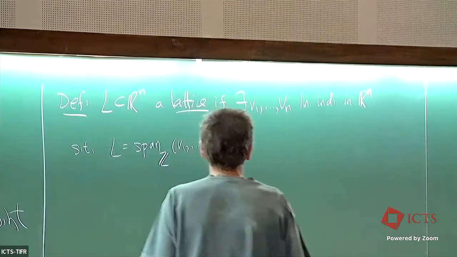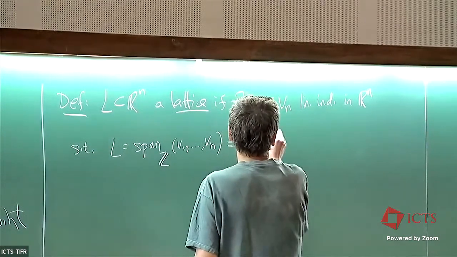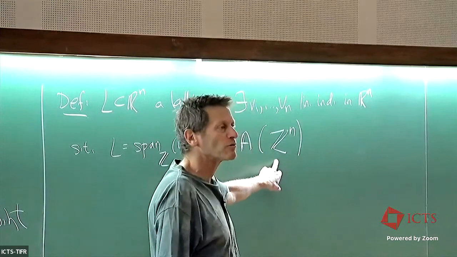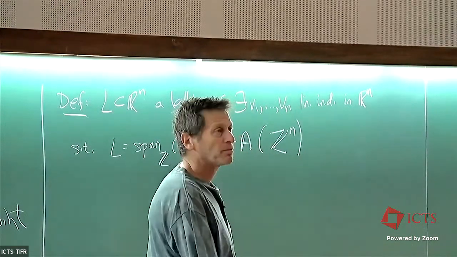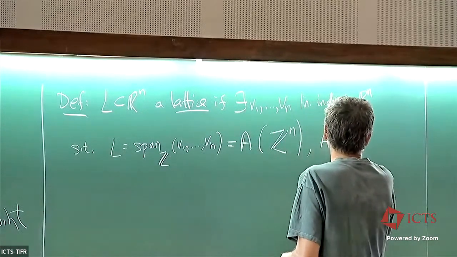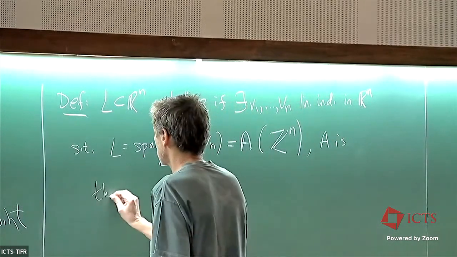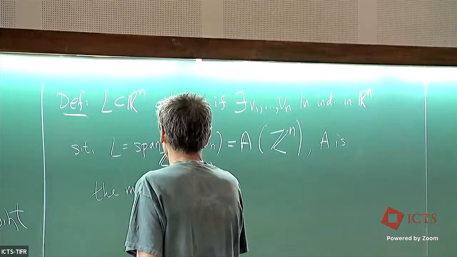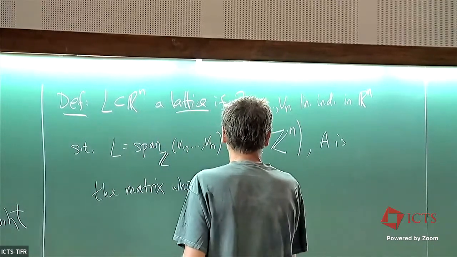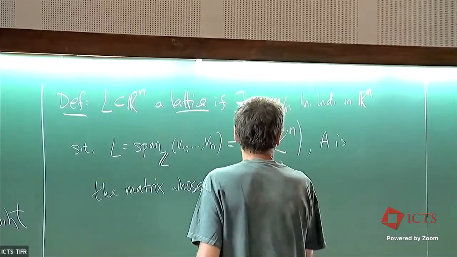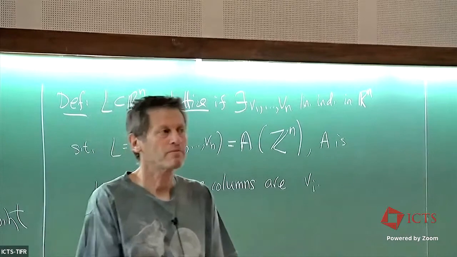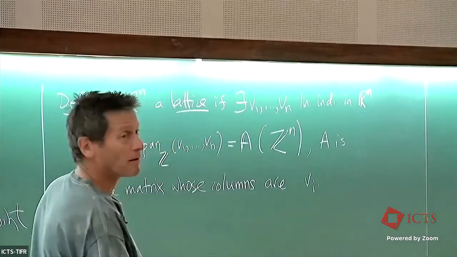This is the same as saying that we take the lattice of integer points, Zn, and we apply a linear transformation to it, A, where A is the matrix whose columns are the v_i.